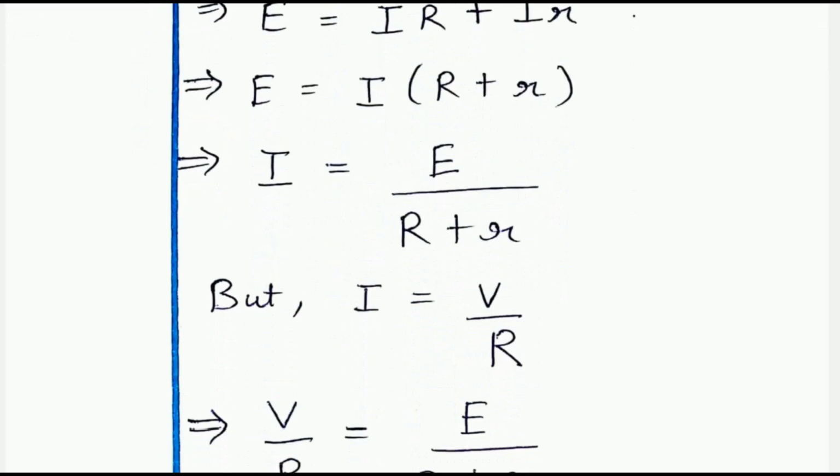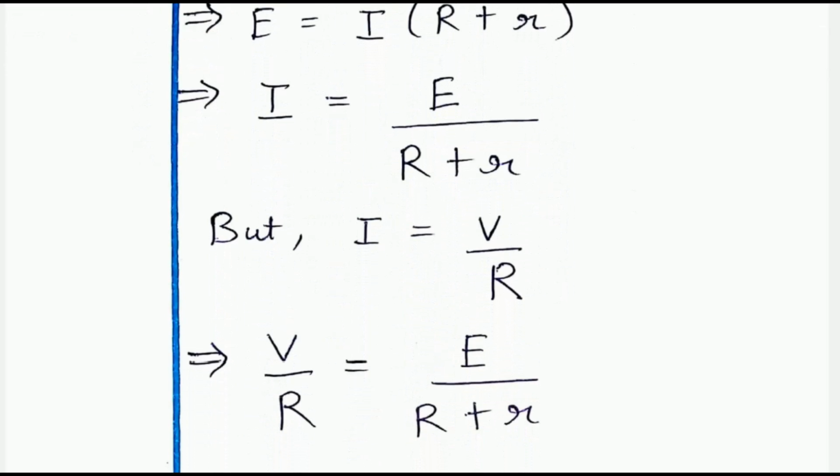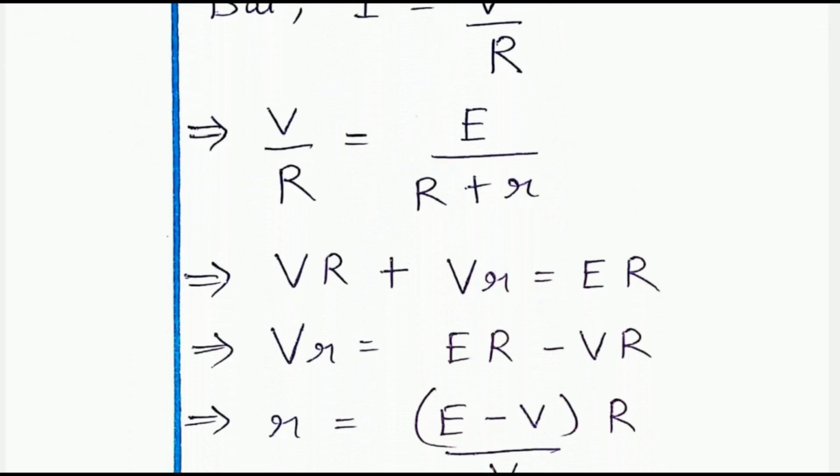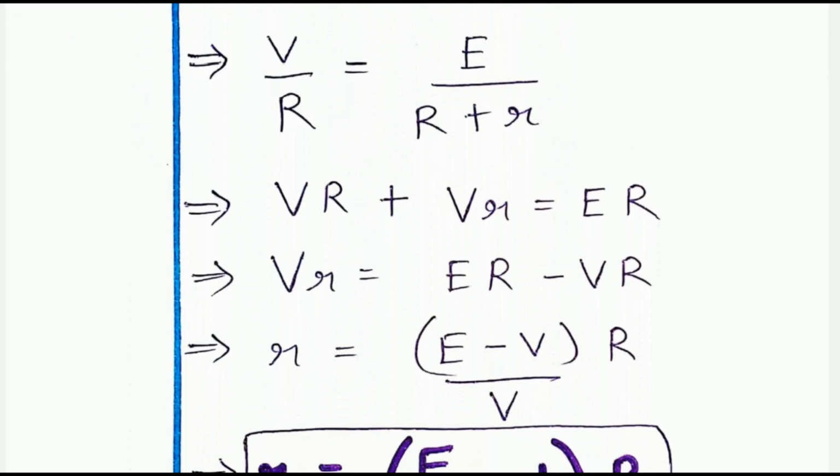So we have two equations for current. One of them is I = E / (R + r), and the other one is I = V / R. If we equate both of them, V / R will be equal to E / (R + r).